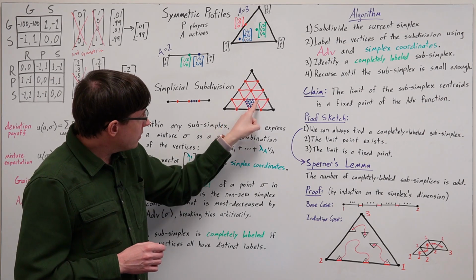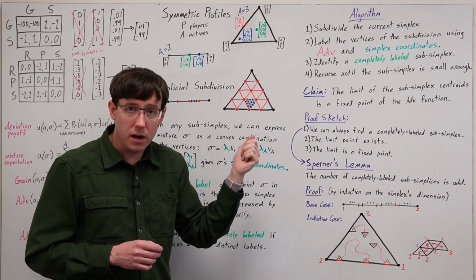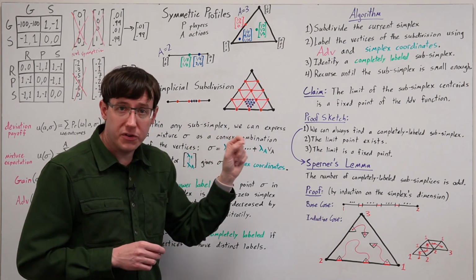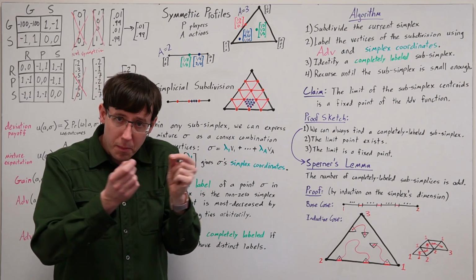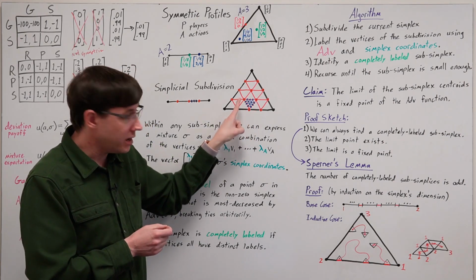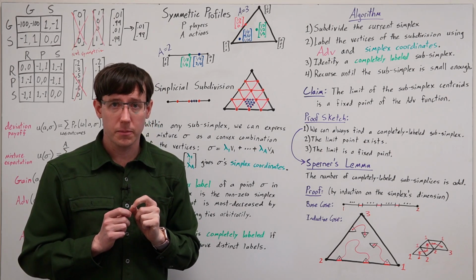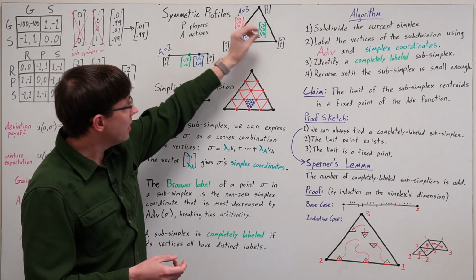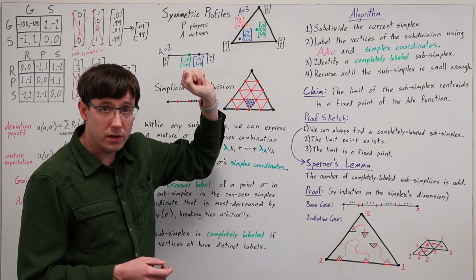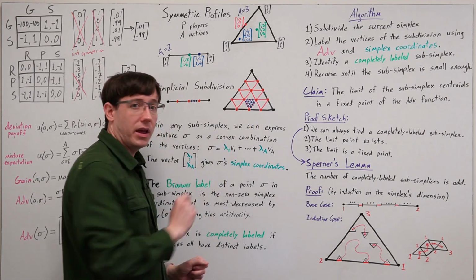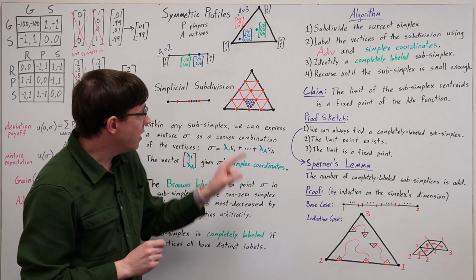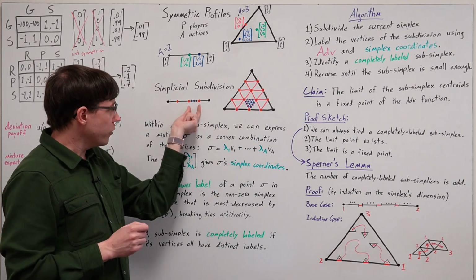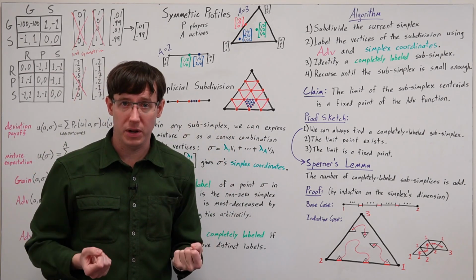And for any subsimplex that we decide to zoom in on, we can think of all of the points in that subsimplex as some mixture between the vertices that define the subsimplex. Just like any point in the full simplex can be expressed as a convex combination of the vertices, any point in this subsimplex can also be expressed as a convex combination of the subsimplex vertices. And that's true no matter the dimension of our simplex.